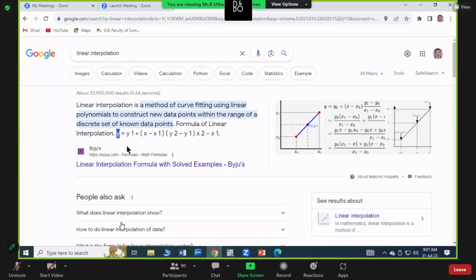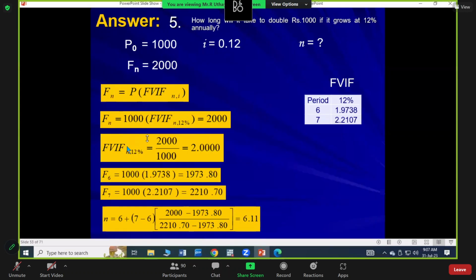You start with the lower rate, 6 is there. Then you want to take the fractions. This is the process of linear interpolation. 7 minus 6, that is x2 minus x1. Two points are there, and x minus x1.